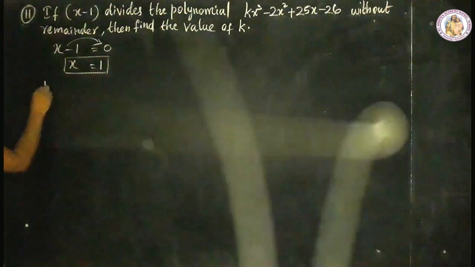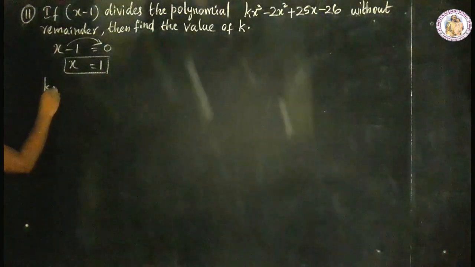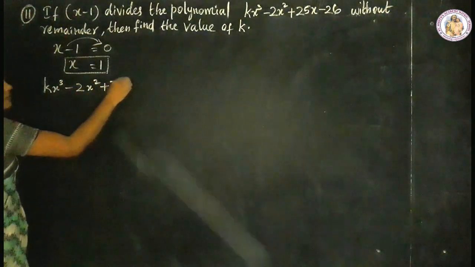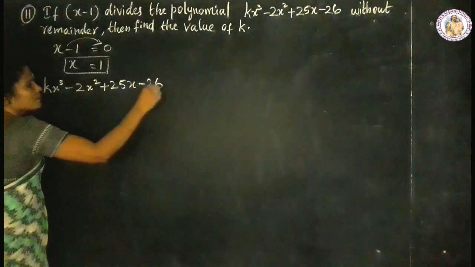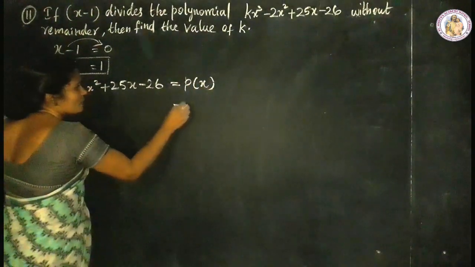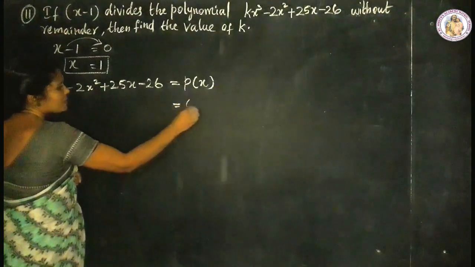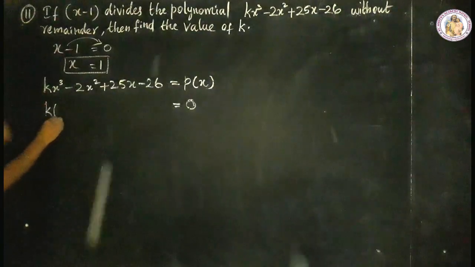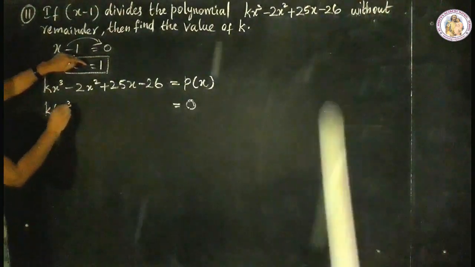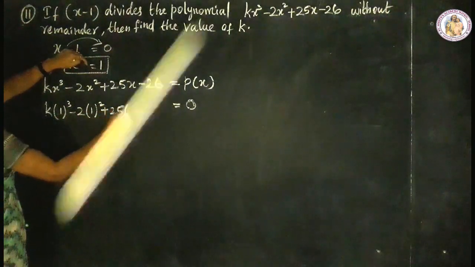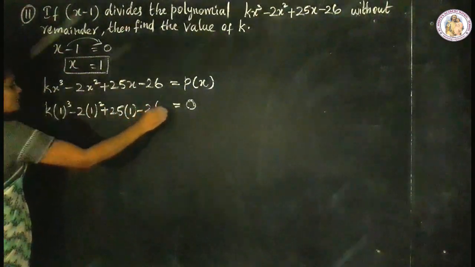Now the polynomial kx cube minus 2x square plus 25x minus 26 is equal to p of x. It is given as without remainder, so it is equal to 0.